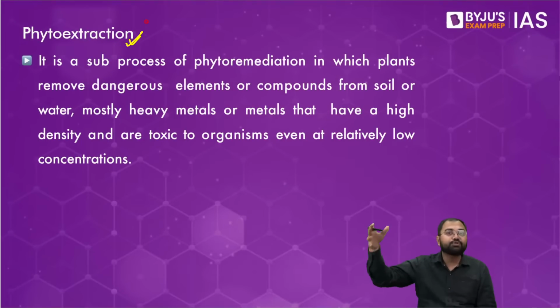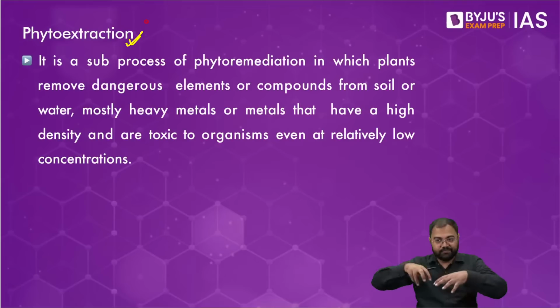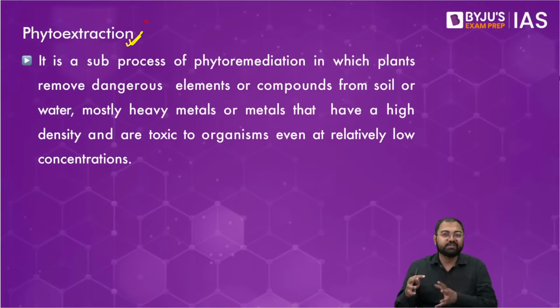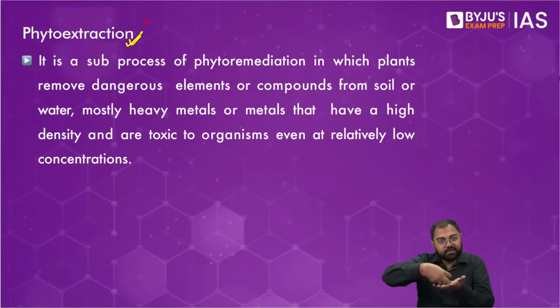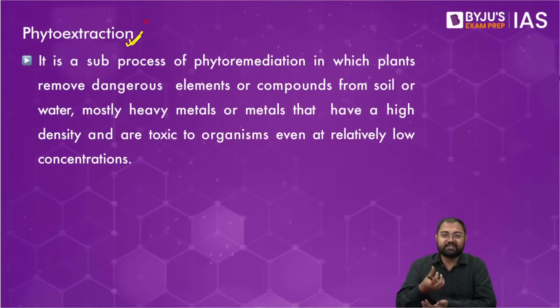So if there is a soil, some part of soil which is contaminated, we'll plant trees there, we'll plant some shrubs there, so that the roots of these trees and shrubs will keep on absorbing everything from the soil, absorbing all the poisonous metals and heavy metals from the soil, and they will be able to help in phytoremediation. So this kind of process where they are extracting all the contaminants away from the soil is called phyto extraction.